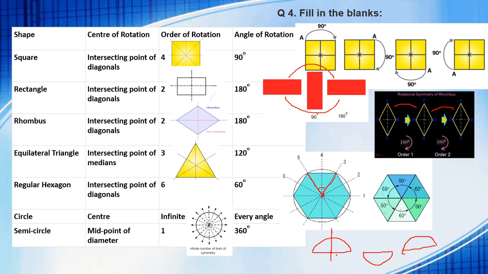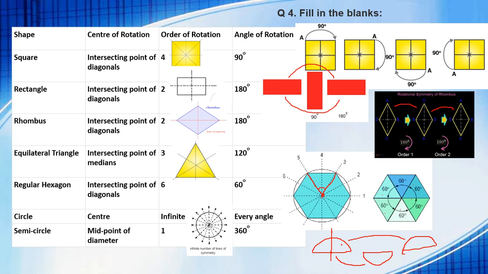Okay, so for the order of rotation in this figure, from one turn, which is 180 degrees, we are not getting the semicircle in its previous position, but if it is rotated by the complete angle of 360 degrees, then we can say these two figures are the same.